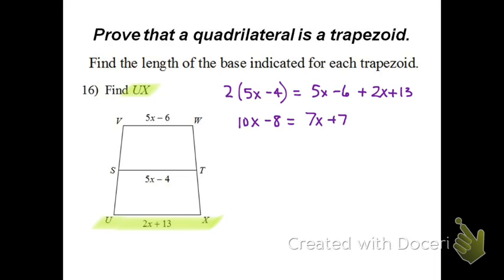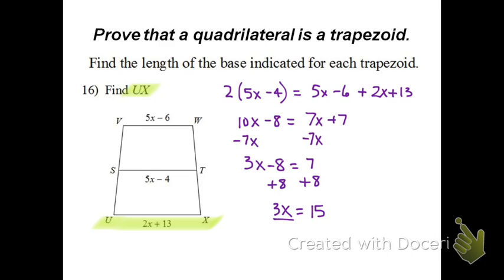Continue solving. Subtract 7x from both sides, we get 3x minus 8 is equal to 7. If we add the 8 over to the other side, we get 3x equal to 15.